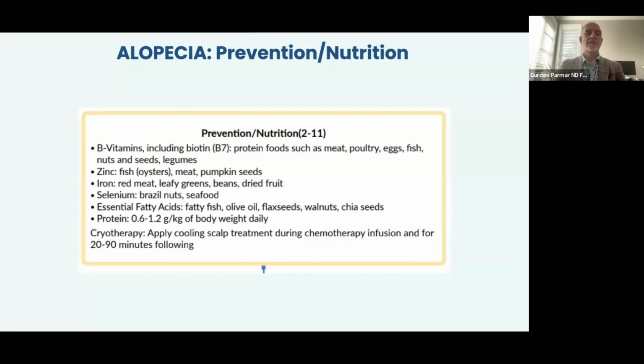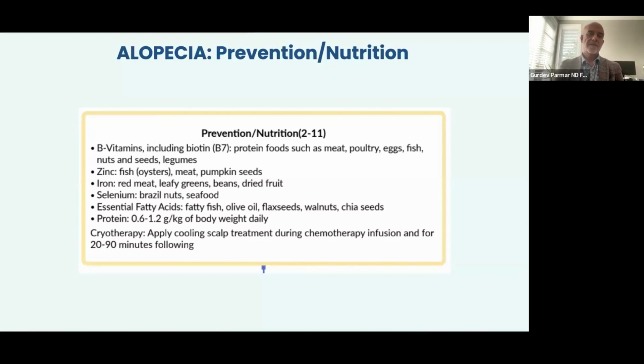This can be used in addition to making sure you have adequate B vitamins and zinc and iron and selenium and essential fatty acids and a minimum of 0.6 to 1.2 grams per kilogram of body weight of protein per day. And in some cases, it's more like 1 to 2 grams per kilogram per day.